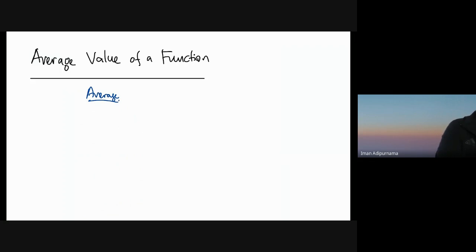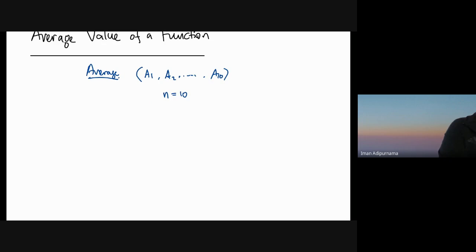Average means if you have a data set from A1, A2 until A10, and you know the number of data points is 10, the average value will be A1 plus A2 plus up to A10, divided by 10, right?